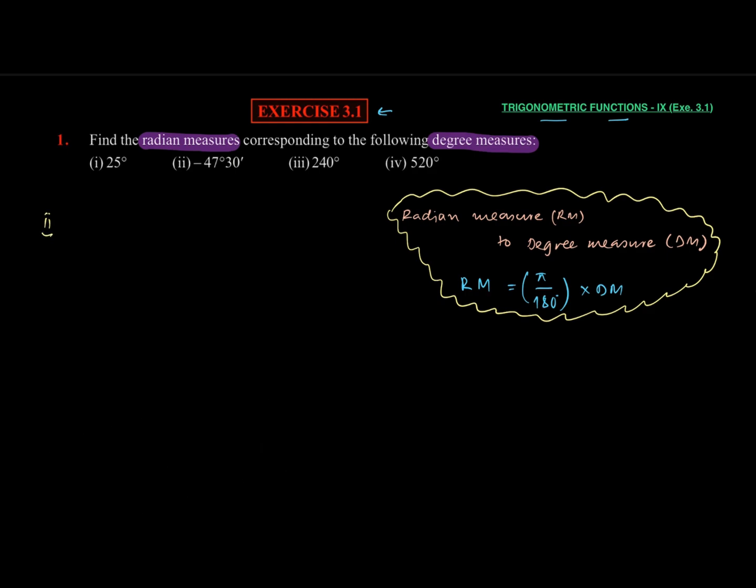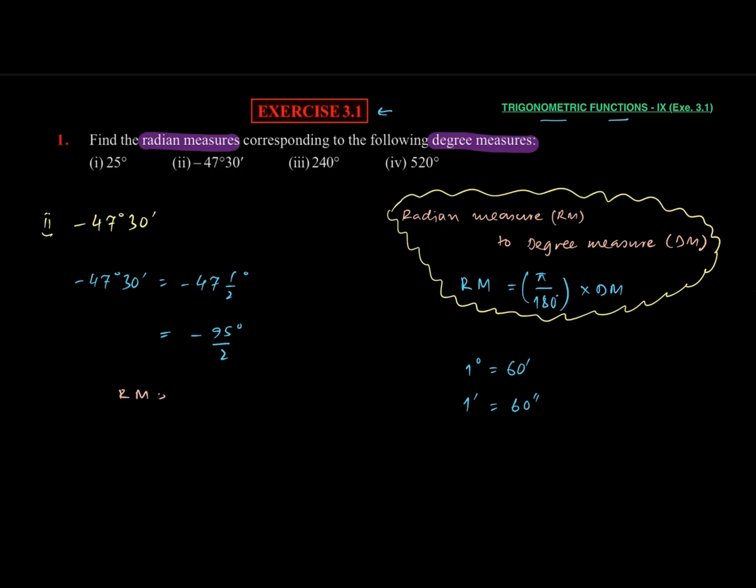So part number second is negative 47 degrees 30 minutes. Here remember one thing, that 1 degree equals 60 minutes and 1 minute equals 60 seconds, which means that 30 minutes will be half of a degree. So negative 47 degrees 30 minutes can also be written as negative 47 and a half degrees, and this will be equal to negative 95 over 2.